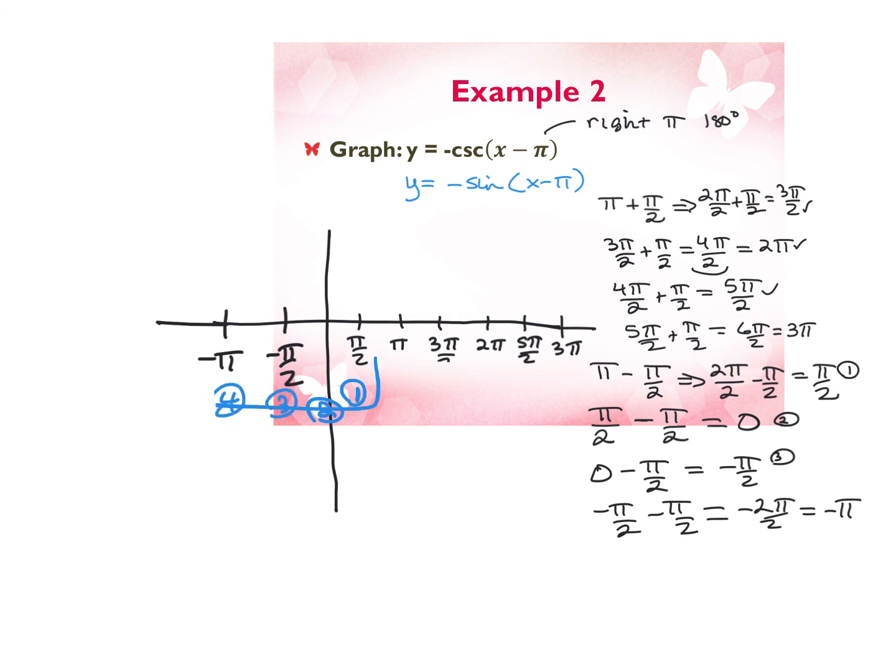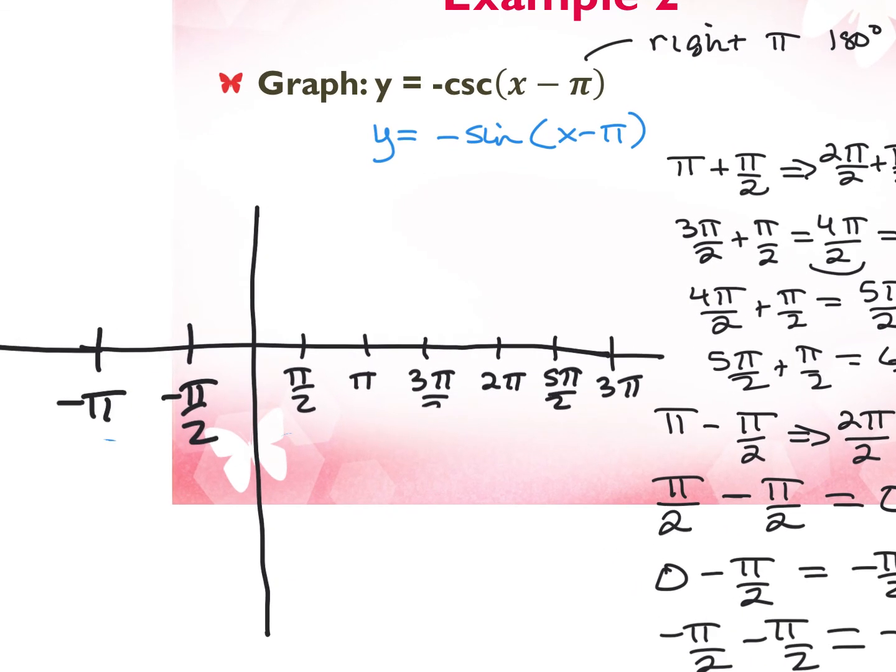So now we can graph the sine graph. Let's graph it. Remember, the sine graph usually starts at 0, 0. But remember, we have a shift. So now instead of starting at 0, 0, I'm going to start at pi comma 0, because I'm not rising up.